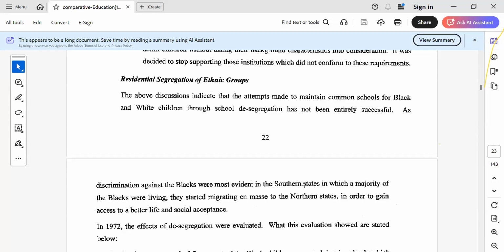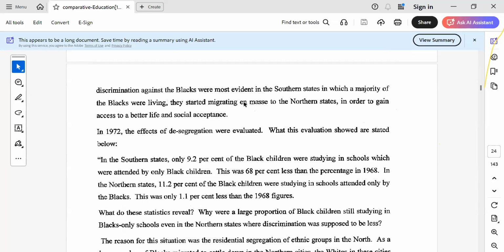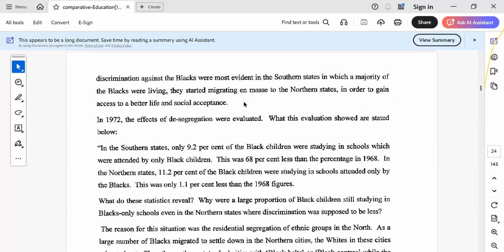So that feeling is still there. Discrimination against blacks was most evident in southern states, in which the majority of the blacks were living. They started migrating to northern states in order to gain access to a better life and social acceptance. So they are moving to other places to live peacefully.